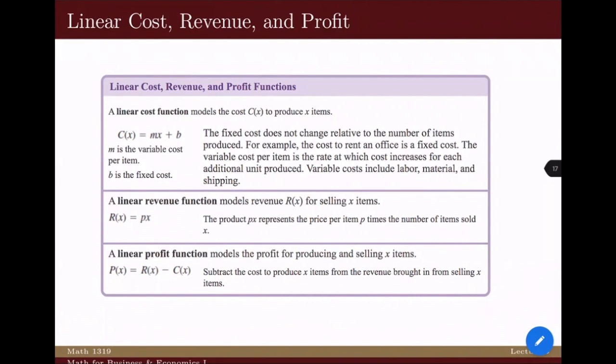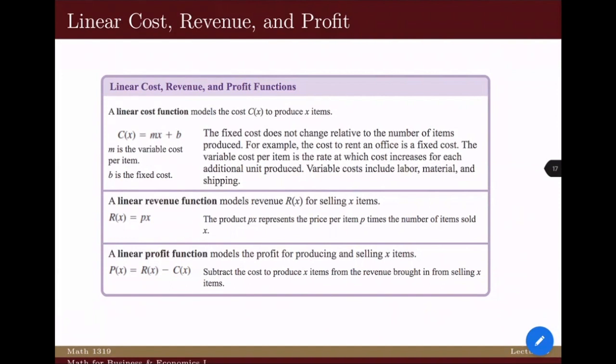So these are just some definitions. The linear cost function models the cost, which we call C of x, to produce x items, where cost equals mx plus b, m being the variable cost and b being the fixed cost.